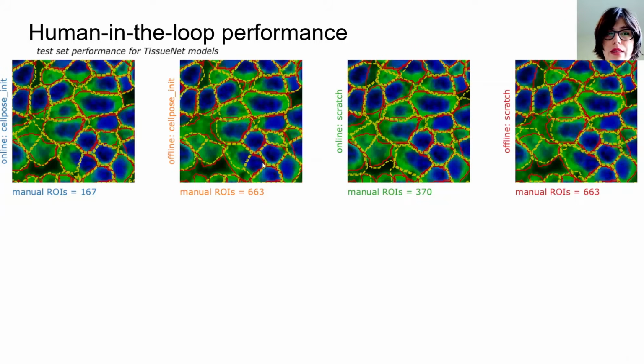And this is always starting from the Cellpose model. If we start from scratch and do it online, we require more ROIs as well, around 370. This is still less than doing it offline from scratch, but it's still 2 times more than doing it from the Cellpose model.